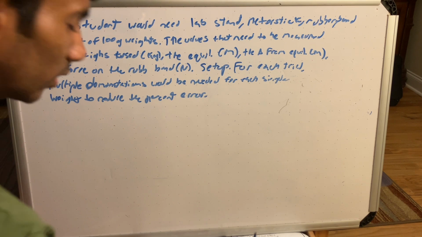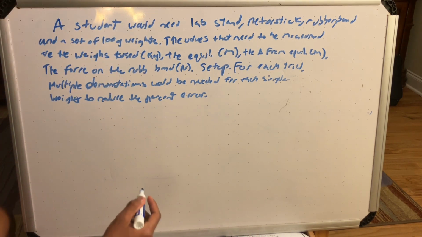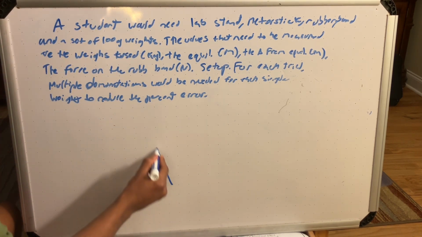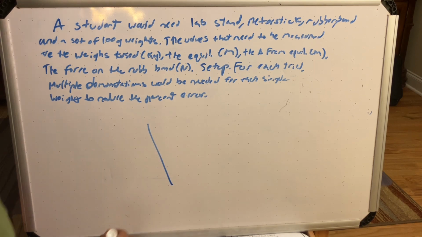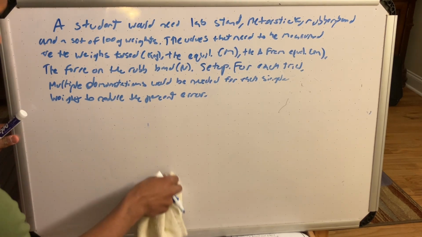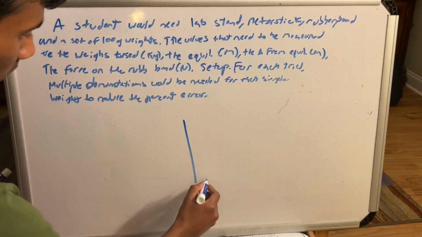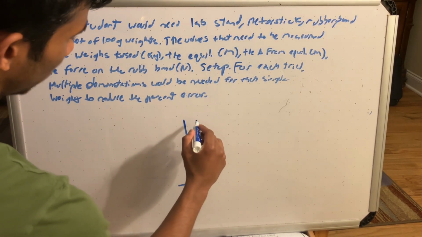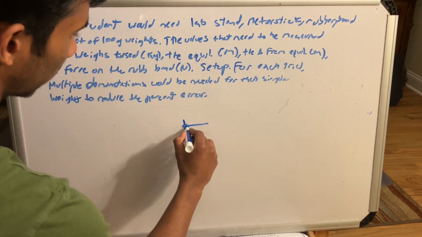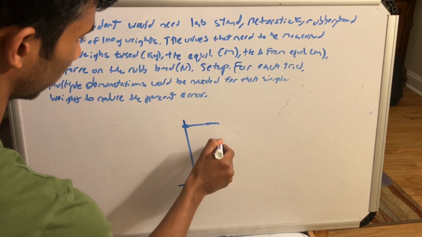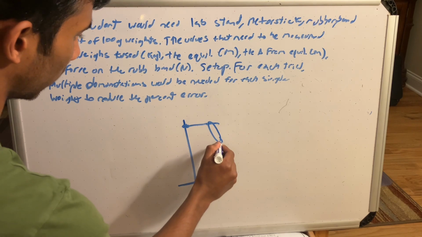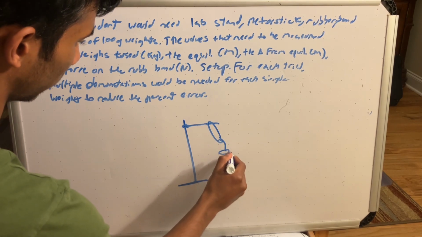Oh, and then I'm missing the diagram, which would just be the lab stand. It'll be the lab stand, and then a hook or something on the side, and the rubber band would hang on it. And this is another hook with the weights.